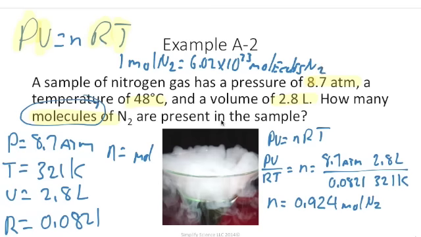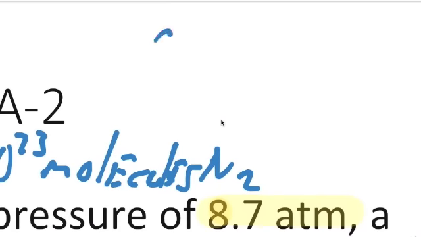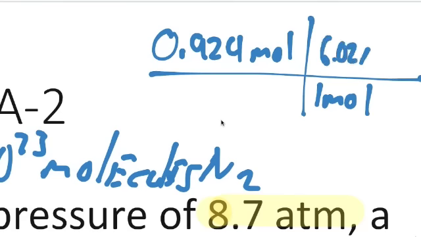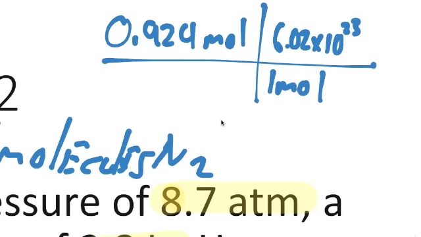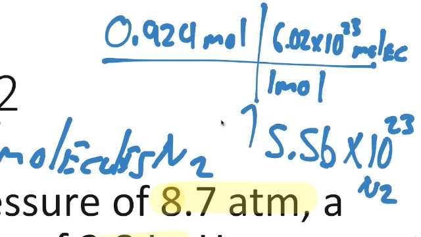So we do a little bit of dimensional analysis and take our 0.924 moles, set it up, and 1 mole equals 6.02 times 10 to the 23rd molecules. Once we plug that into our calculator and work it out, we will get an answer of 5.56 times 10 to the 23rd, and that would be molecules of N2.